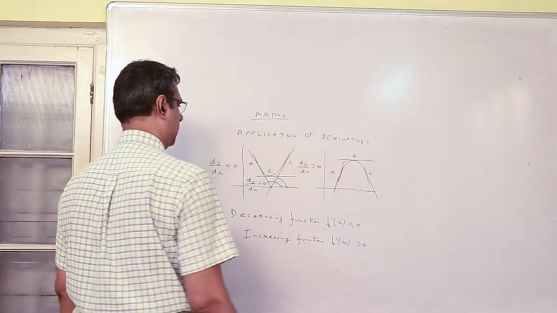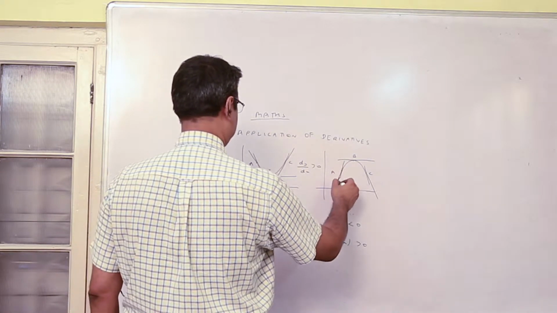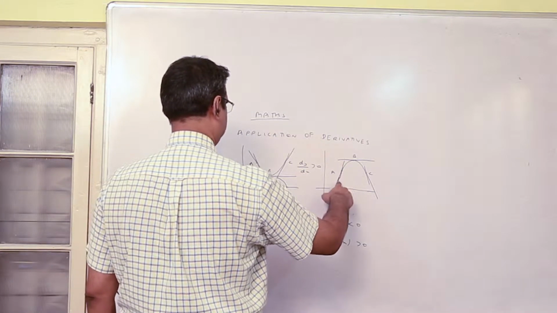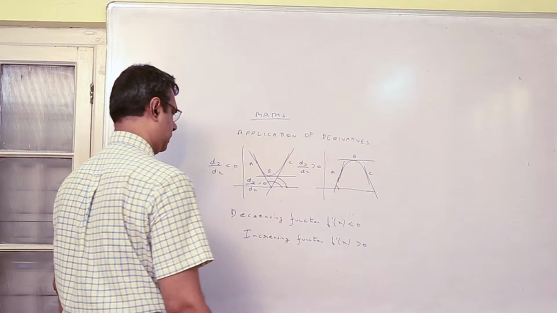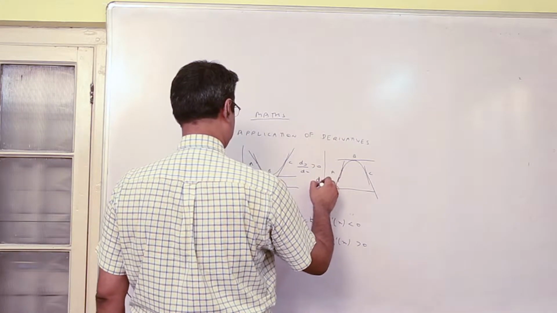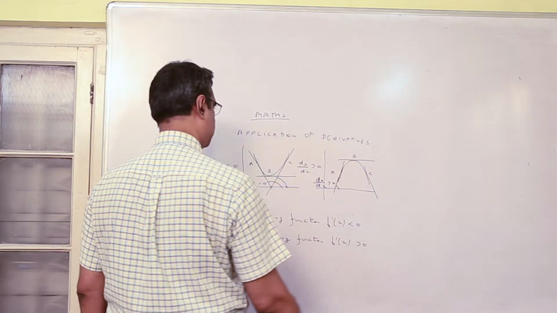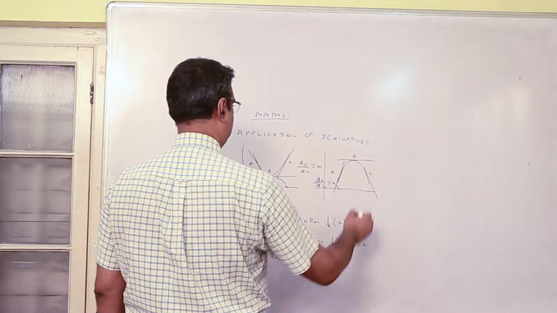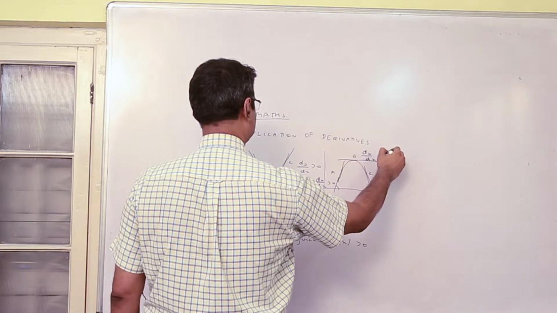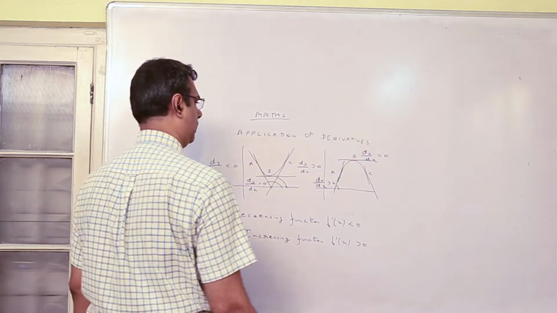Similarly, if you look at this graph, the tangent at A is making an acute angle. So between A and B, it's an increasing function, and you can see that dy by dx is coming greater than 0. And at the point B, the tangent is horizontal, so dy by dx is equal to 0.